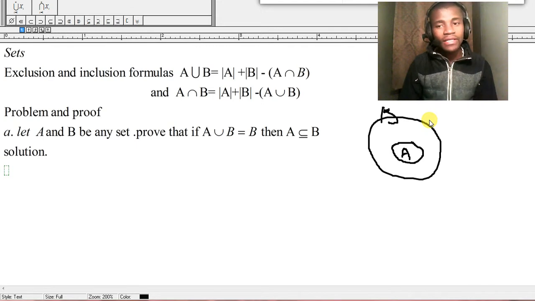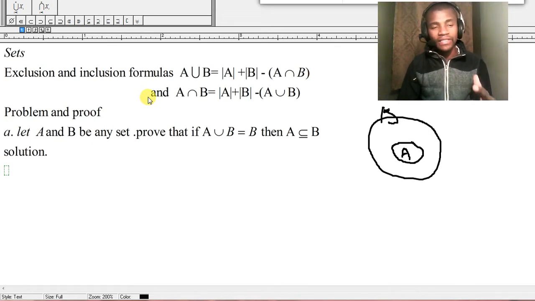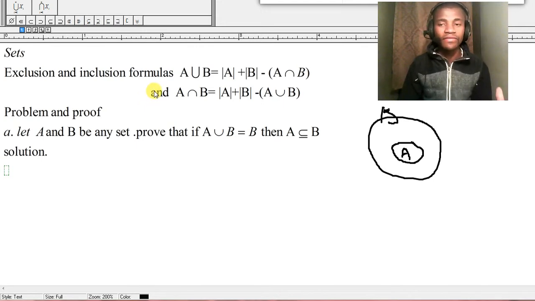Okay, so how do we prove this? There are a lot of ways that we can use to prove this, but for now let's look at the exclusion and inclusion formulas to see if they can give us the answer. There are definitely a lot of other ways that we can play around with, and I would like to give more explanations on sets so that you guys can also get what is going on.